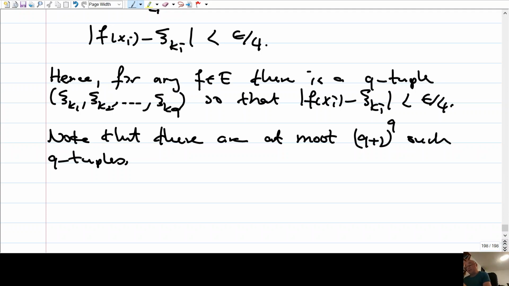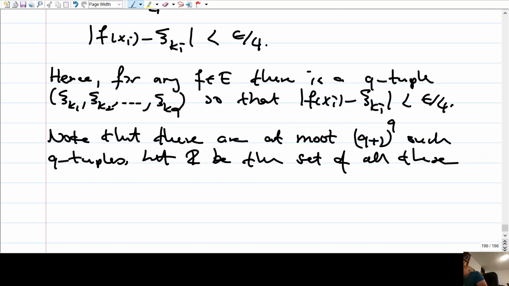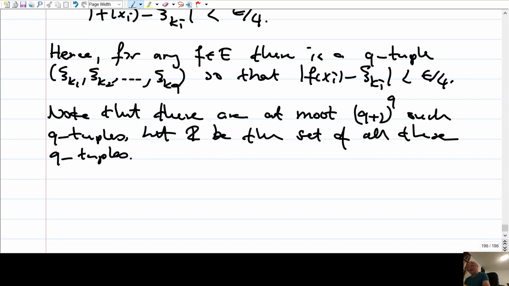Now, for each such tuple, let I be the set of all these q tuples, and we know that each such tuple, q tuple, comes from a function, right?